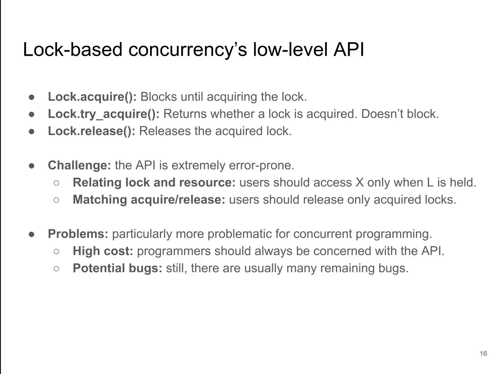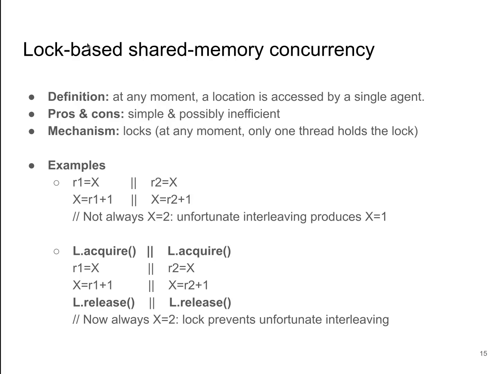But there is a pitfall. The pitfall is that this API is extremely error-prone. It is really easy to misuse this API so that the system can hang, or the system can be broken. The invariant can be broken. For example, if you don't write release here, then the system will hang because this thread cannot acquire the lock.